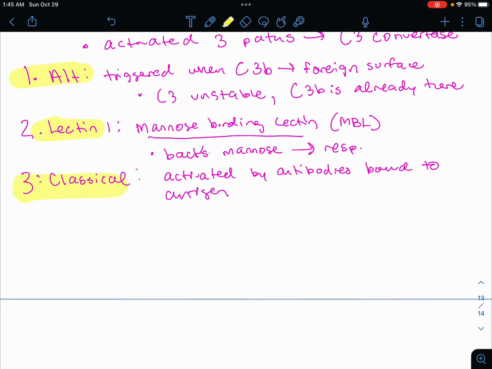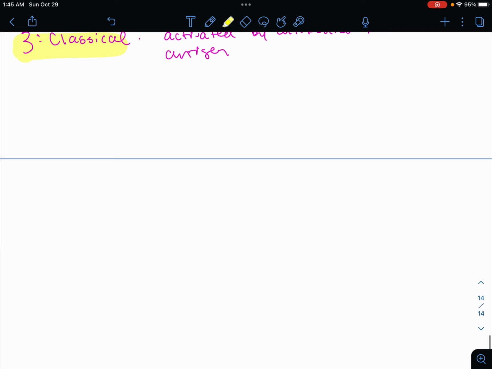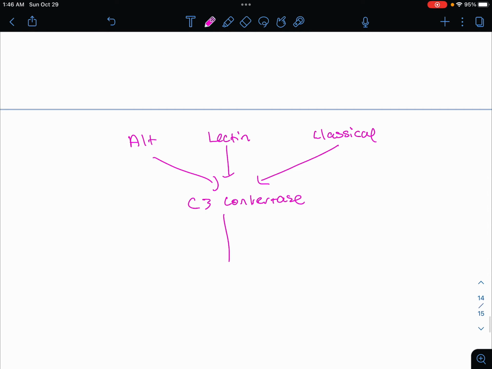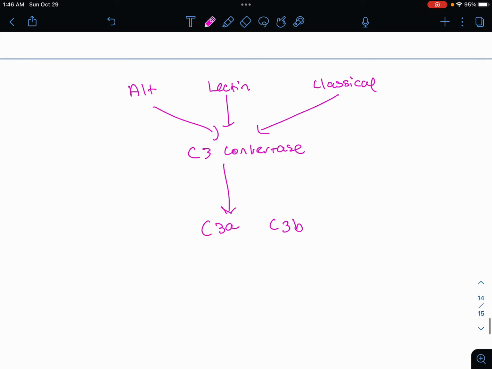Okay, so once we use the pathways, so let's say we have alt, or the lectin, or classical. So all these will go to one place, which is C3 convertase. And then once we get to convertase, this is going to split C3 into C3A or C3B.